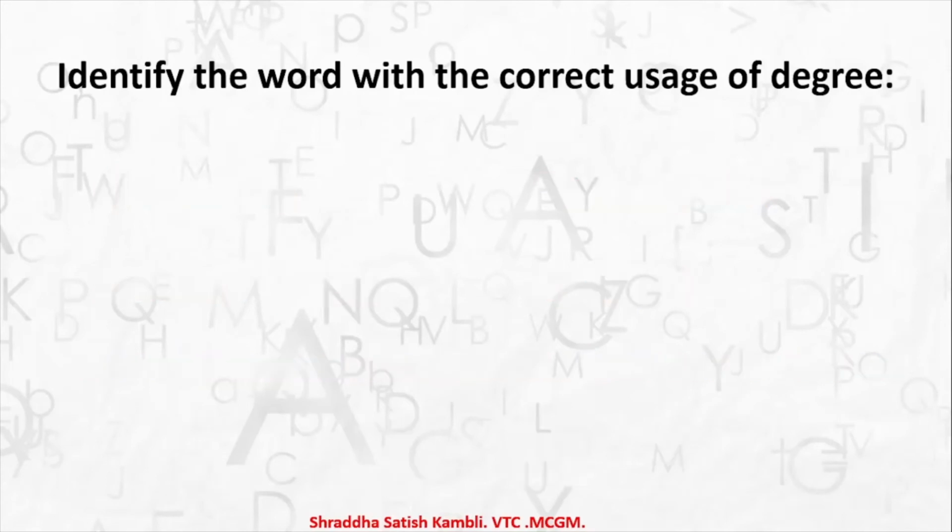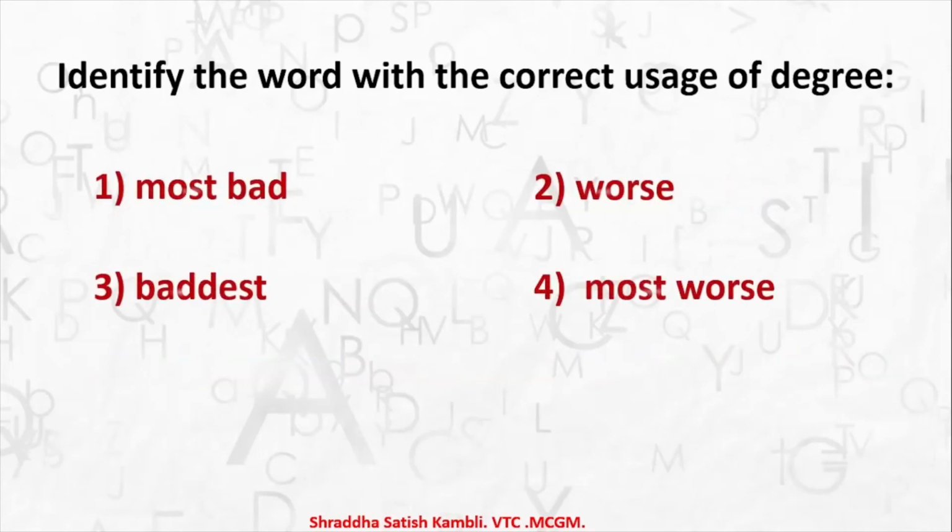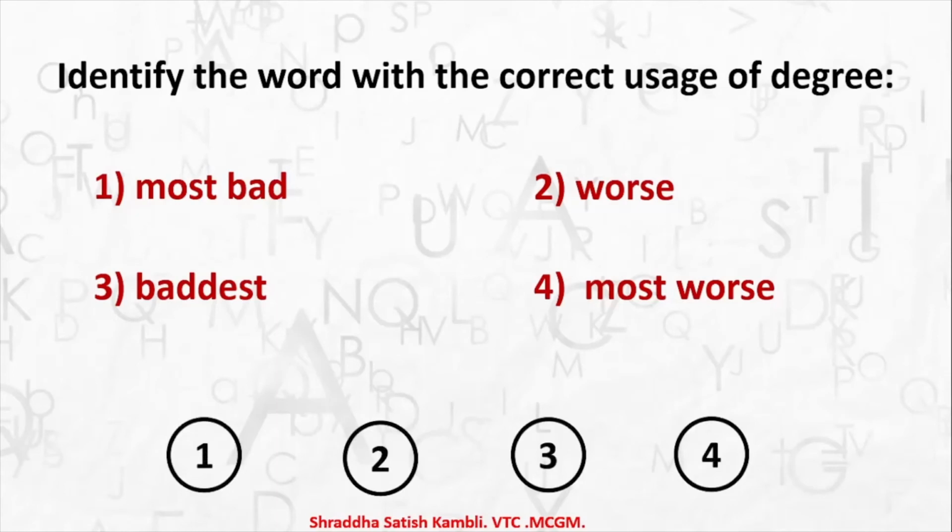Okay, let's go to the next example. We have most bad, worse, baddest, most worse. So come on, let's see which one will be correct. So will it be the second one? Yes, it will be. Okay, and let's check the example sentence.